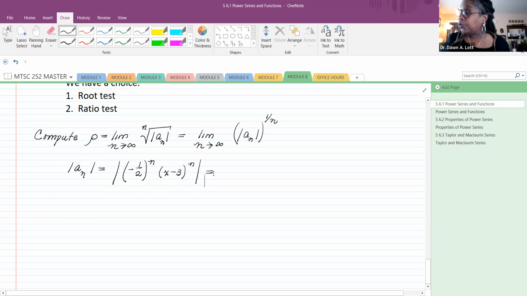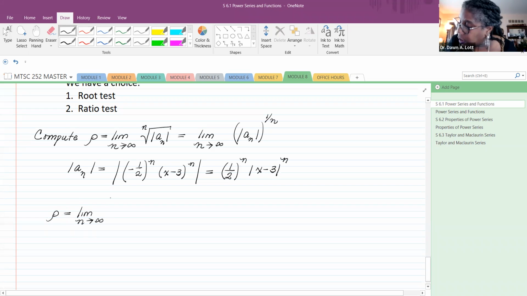So I can pull the absolute value inside, and I just get (1/2)^n times the absolute value of x minus 3, to the nth power. So I know what the absolute value of an is. So rho is the limit as n approaches infinity of the absolute value of an raised to the 1 over n power.